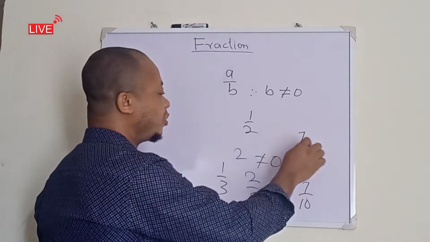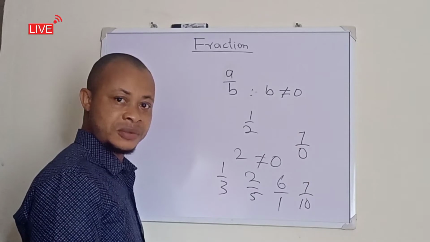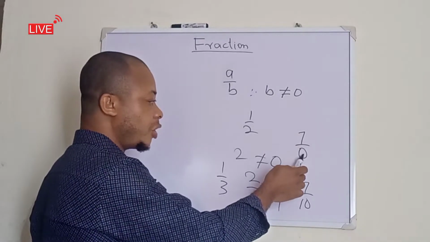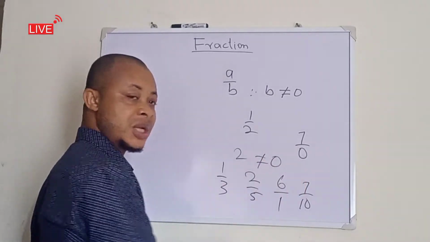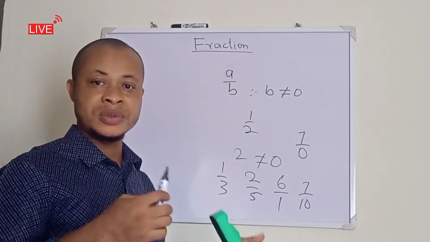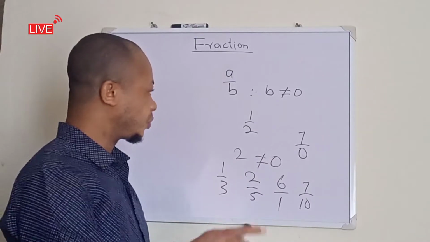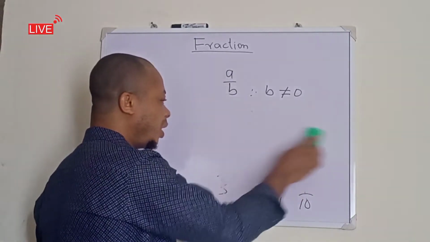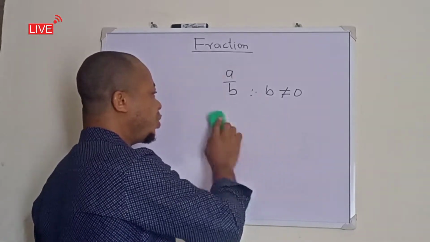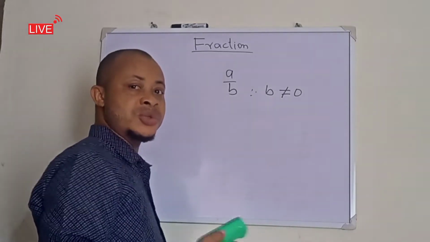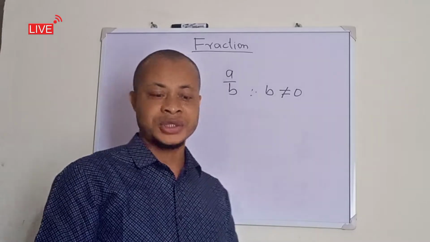But 7 over 0 is not a fraction because the denominator or the downside of it must not be equal to 0.